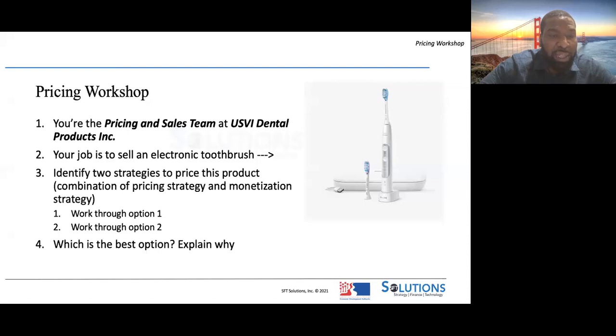Another thing I would think about is competitor-based pricing, where I went out into the marketplace and saw who else was offering electronic toothbrushes on island, and tried to figure out where this toothbrush fit in the marketplace. So those are some examples, but there are a couple of different pricing strategies that you could have used.